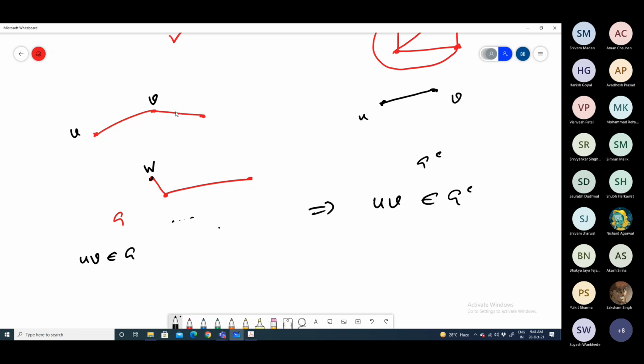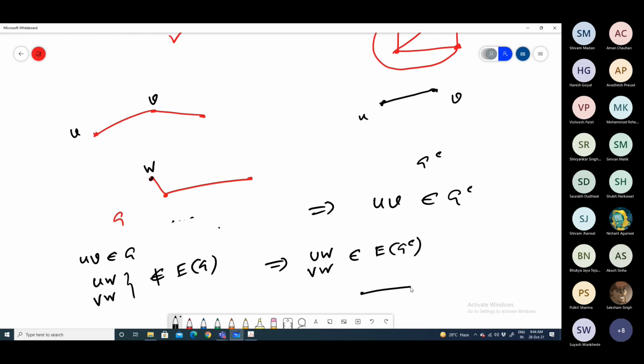Since U and V are in one component and W is in a different component, UW and VW are not edges of G, and that implies UW and VW are both in G complement, and then we have a path P3, U W V, from U to V. So in any case, if you choose any two vertices U and V, you have a path from U to V in G complement. Therefore G complement is connected.